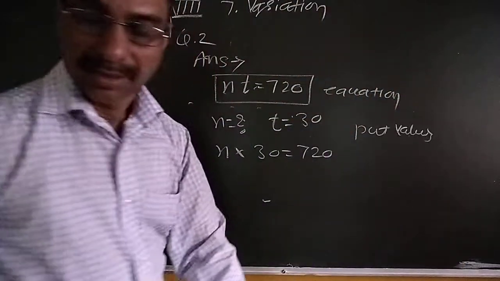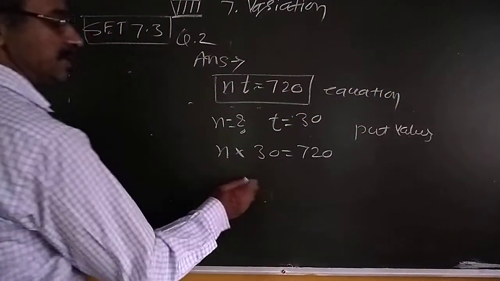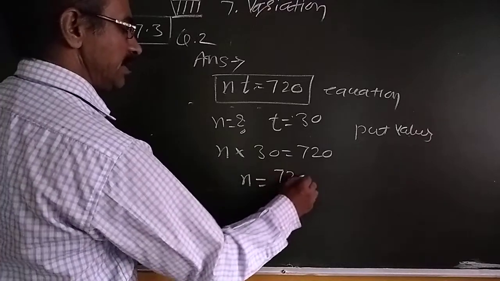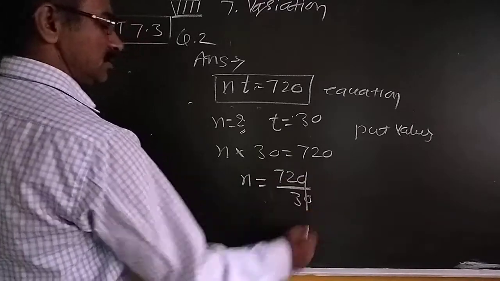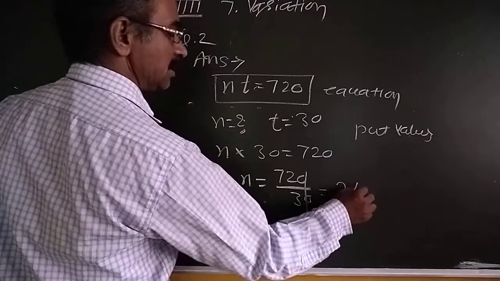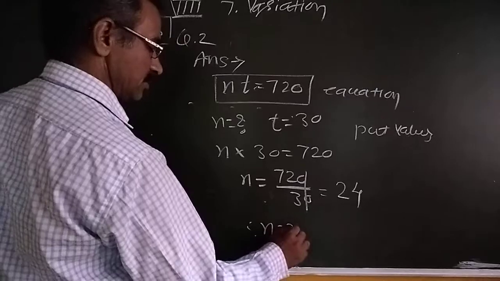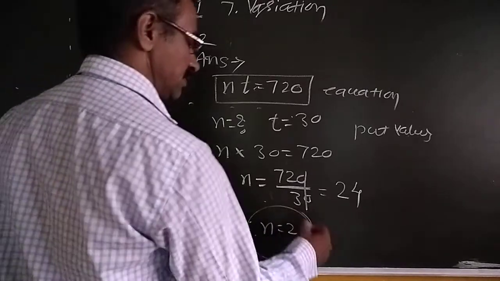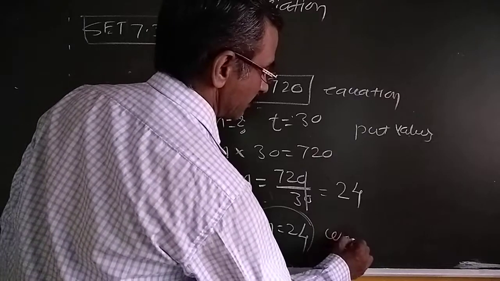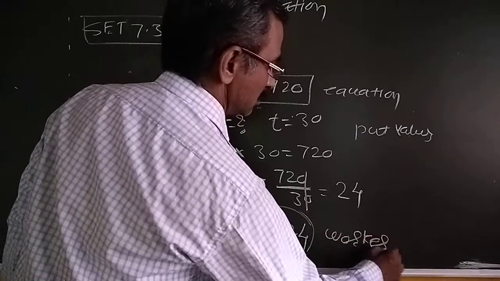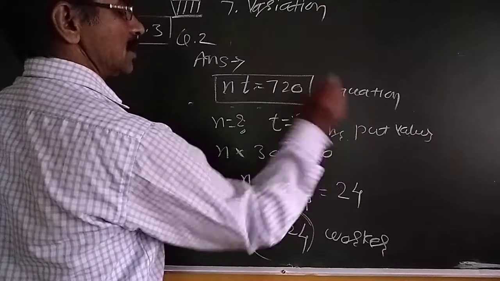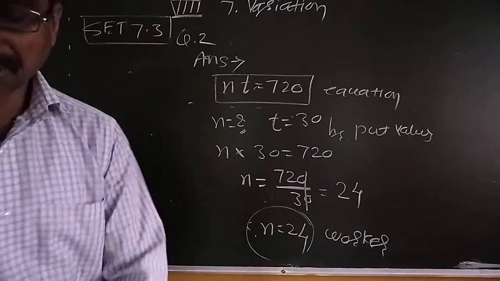By dividing by 30 on both sides, we get N is equal to 720 upon 30. So N is equal to 24. So the number of workers required is 24 workers to build the wall in 30 hours. So we solved this example.